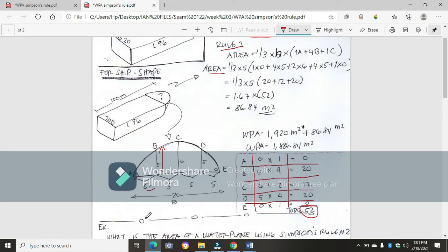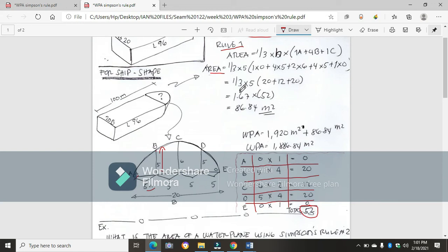Again, this is h, the distance of each ordinate, times 1 times 0, 4 times 5, 2 times 6, sorry, and then 4 times 5, and then 1 times 0. So the total is 52.